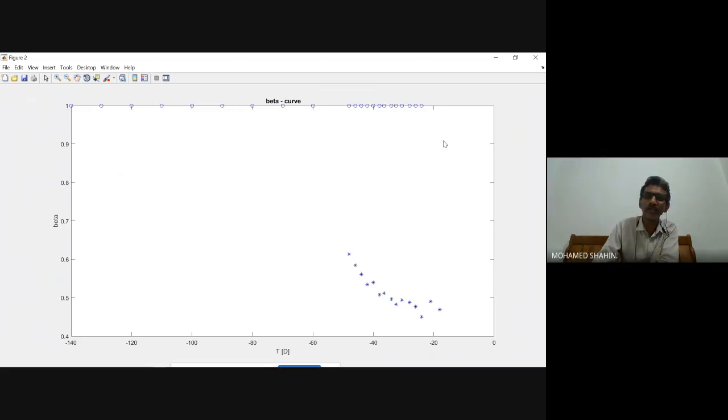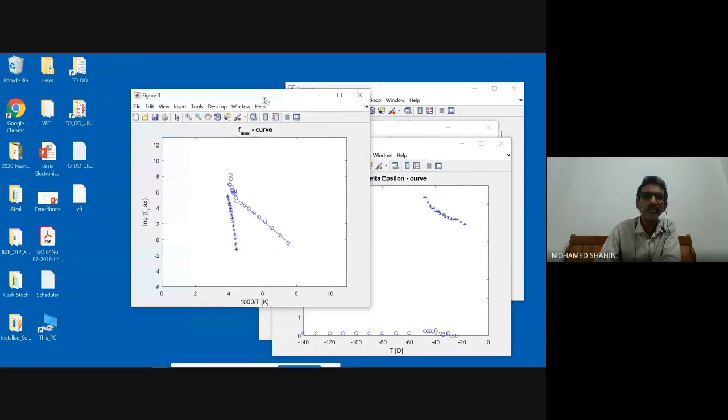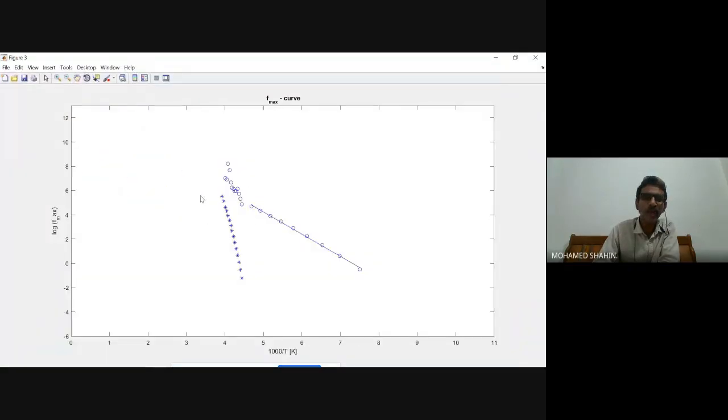That is why, but there is no caption; the figure captions are not there, and I don't remember what it says. And in the other one, the alpha process, the beta value is almost 0.5, and it is coming up at lower temperature. Still it is okay. Now this is the Arrhenius diagram. The Arrhenius diagram is all right.